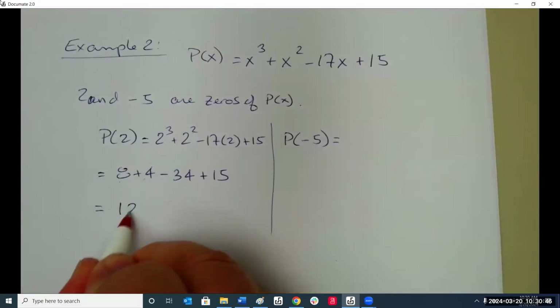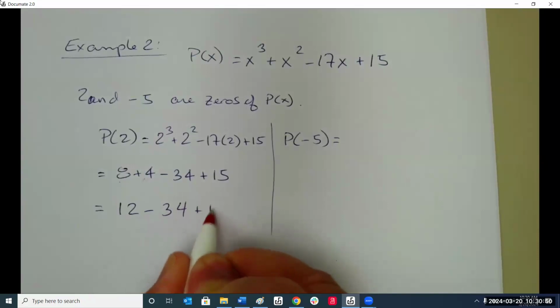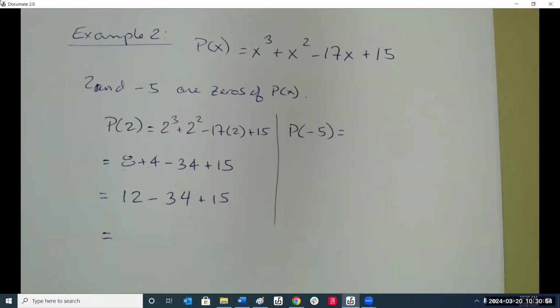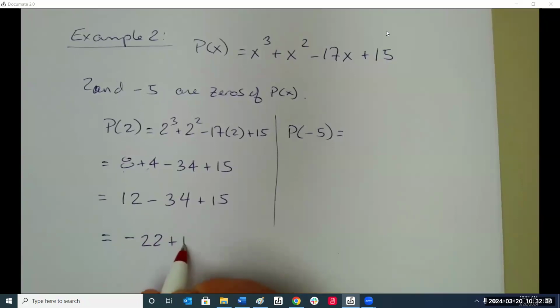Eight plus 4. We get negative 22 plus 15.